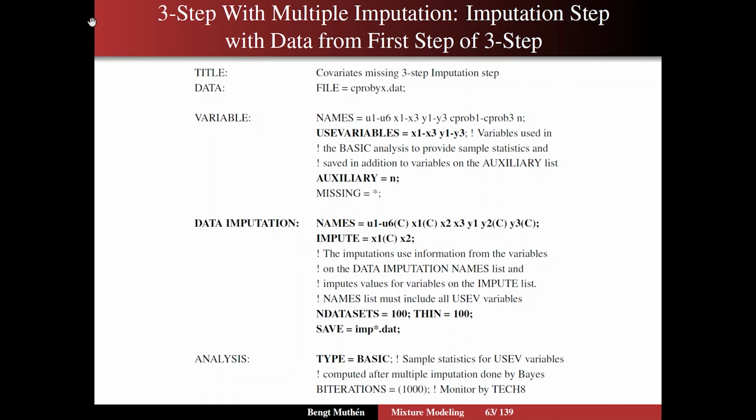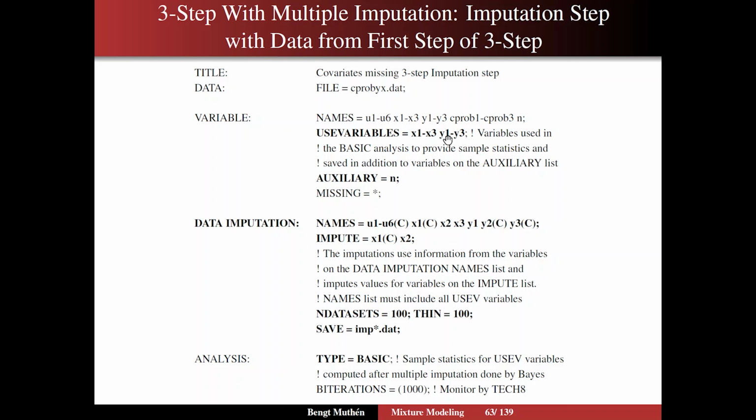So what does 3-step with multiple imputation look like? We're considering the imputation step with data from the first step of 3-step. So the data set is CPROBABILITIES from the first step, with that names list. And the use variables that we have here are the x's and the y's.